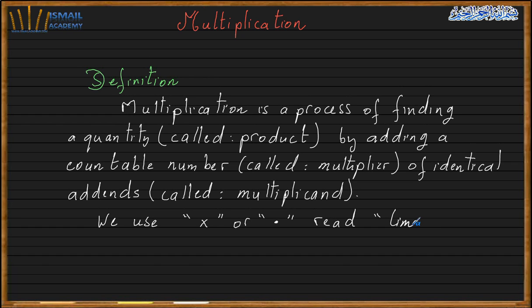I have the multiplier, which is the number of identical addends, times the quantity.